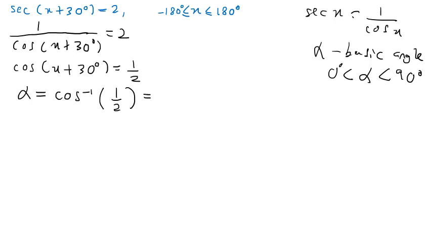You can use your calculator to find the value of inverse cos 1 over 2, or alternatively, I suggest you memorize the values of the special angles, because this is actually a special angle.